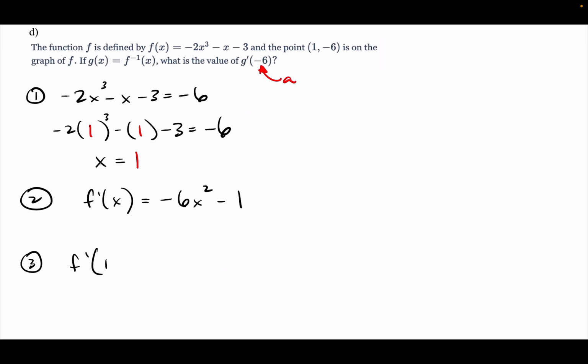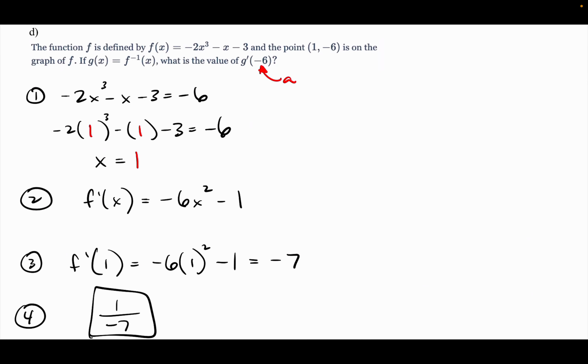Put 1 in here. We get negative 7. Step 4, flip it. Negative 1/7. g prime of negative 6 equals negative 1/7.